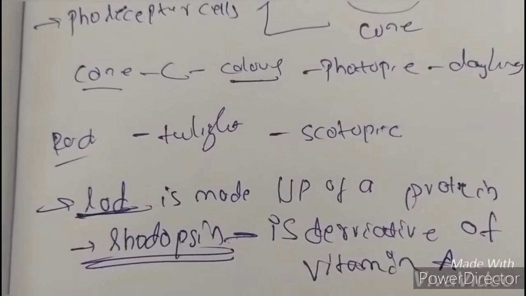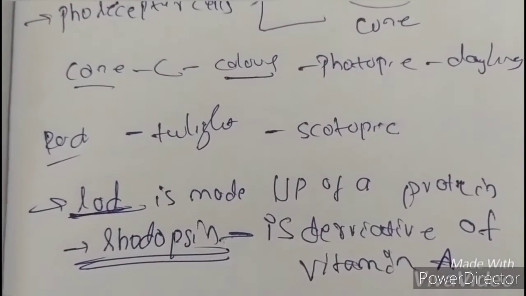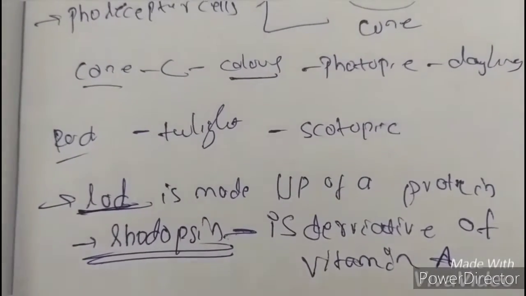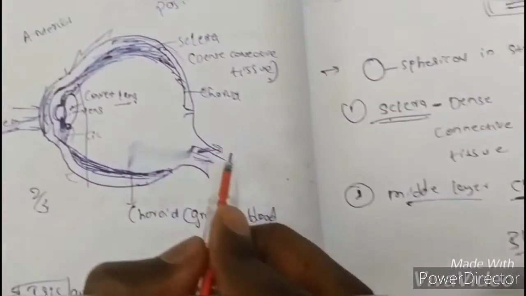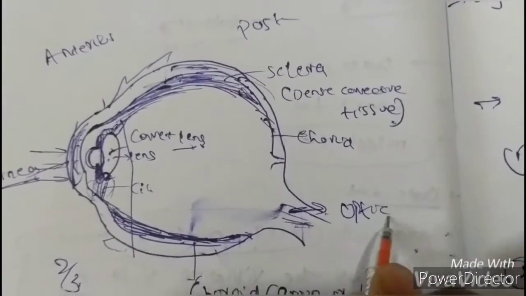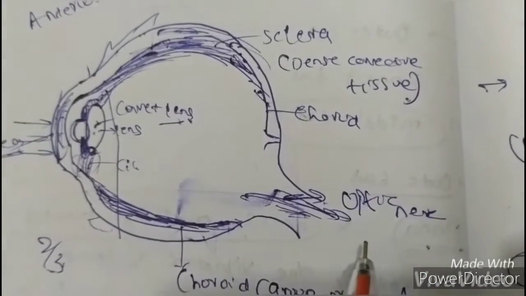In NCERT page number 324, we have: the optic nerves leave the eye and retinal blood vessels enter at the point of the optic disc. Here we have the optic nerve, and from this a message goes to the brain.